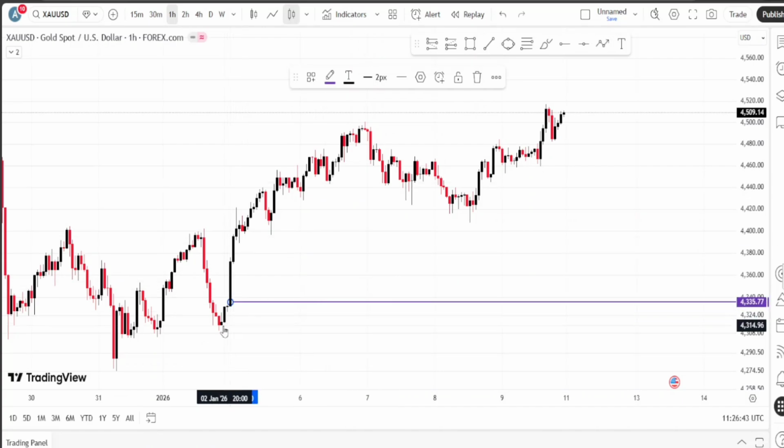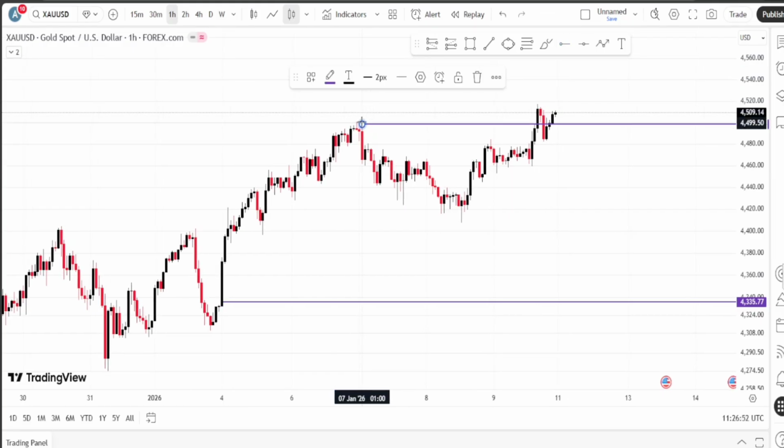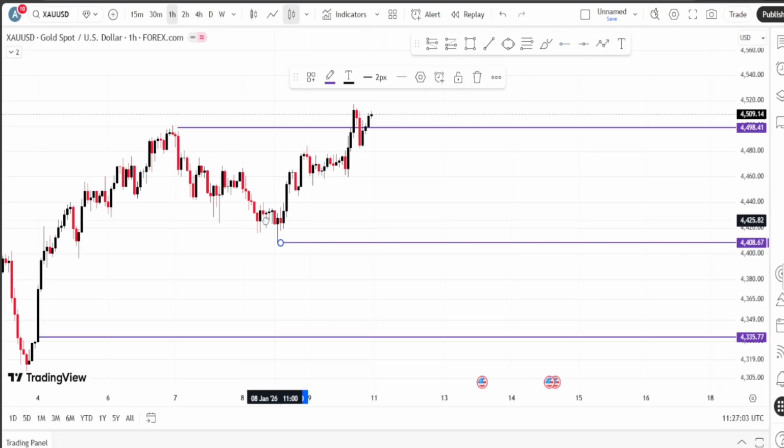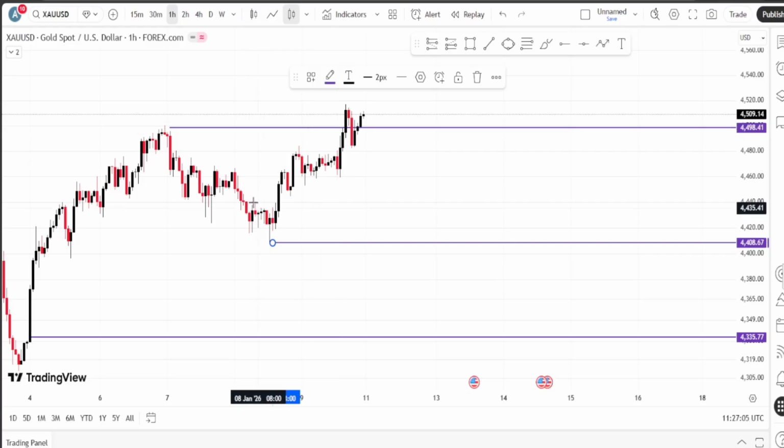So we have all this area here. Price came here, and then we have that correction. If you watch this correction area here, there was an order block and a fair value gap around this area. If you look to your left, over here we have that 1 hour fair value gap and that correction there. So price actually respected it and moved back again.